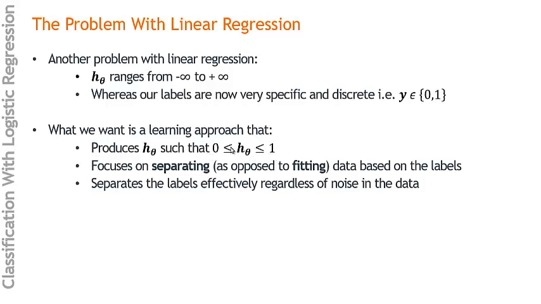If the number is close to 0, then that data point is probably down here in the 0 classification. And if the number is close to 1, then the data point is probably in the other class.